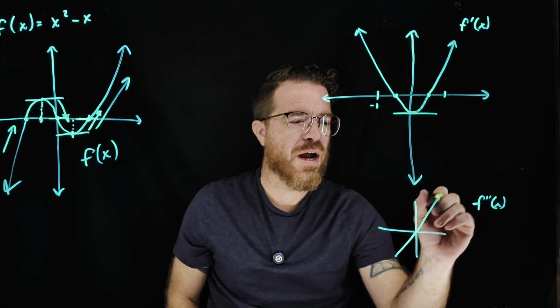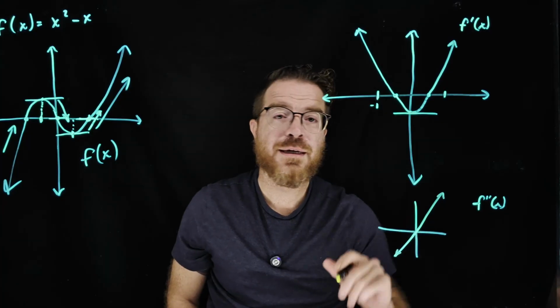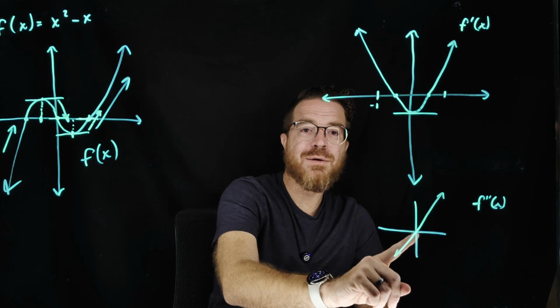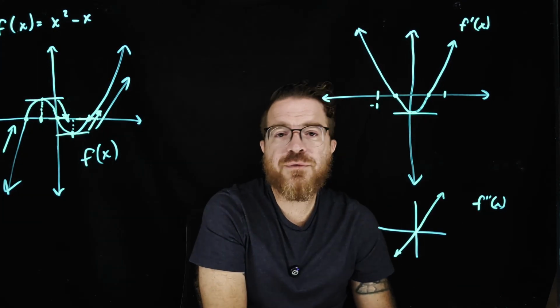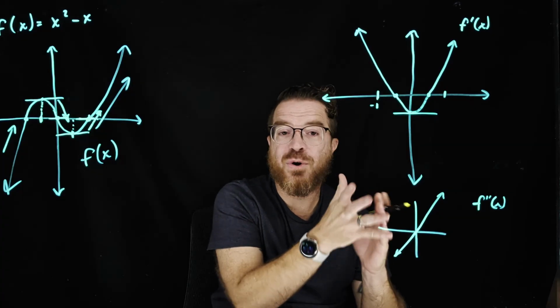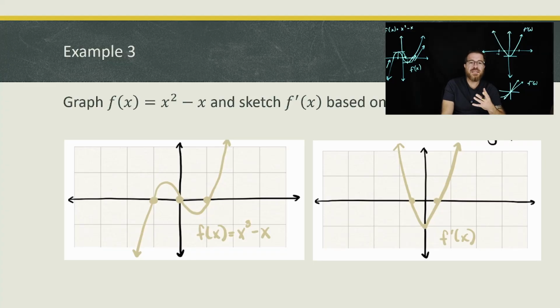So the second derivative graph would look like this. Notice that we went from 2 curves to 1 curve to 0 curve. Each time you take a derivative, you will be losing 1 curve at least from your graph. So if you look at the slide here, you can see an example of what we just drew by looking at our function graph and then drawing our derivative graph based on that function.